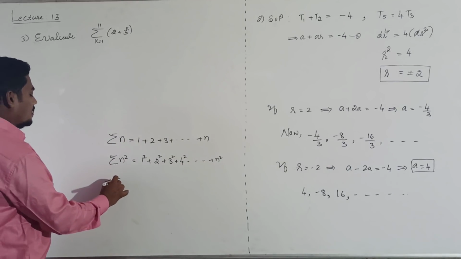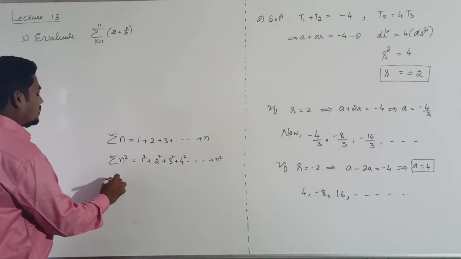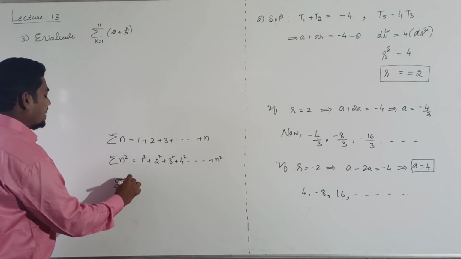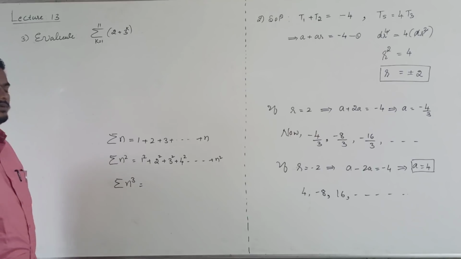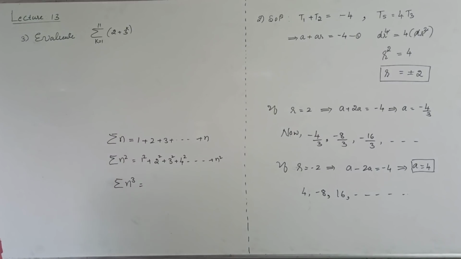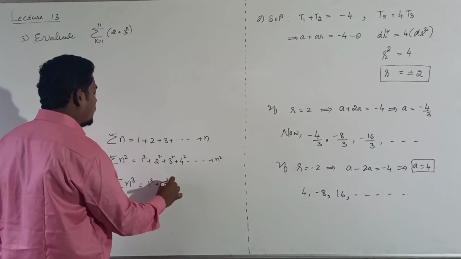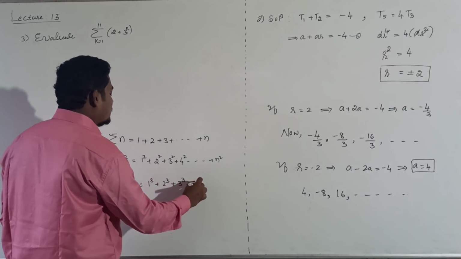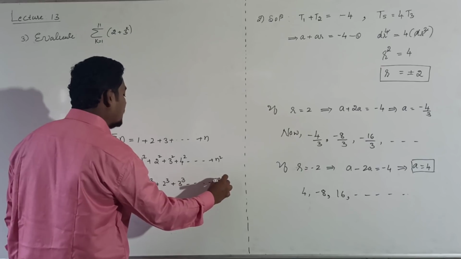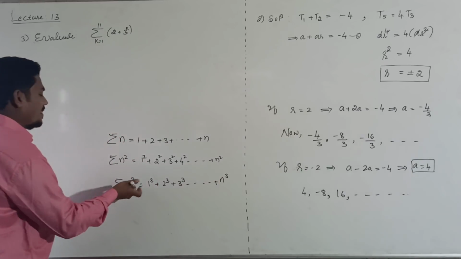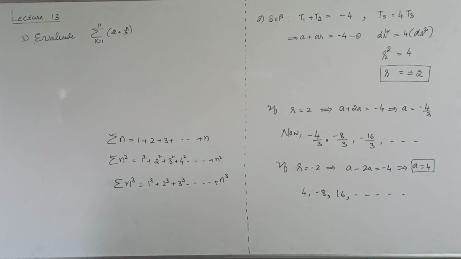Then summation of n cube, what is it? Summation of n cube is nothing but 1 cube plus 2 cube plus 3 cube and so on plus n cube, in expanded form and sigma notation.